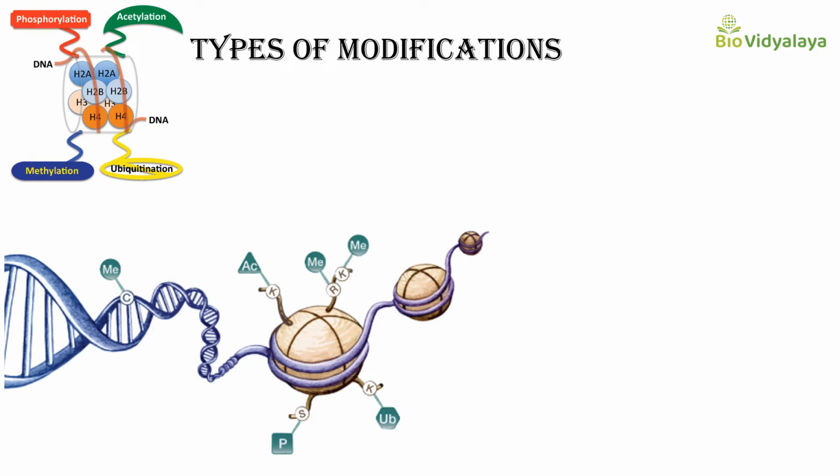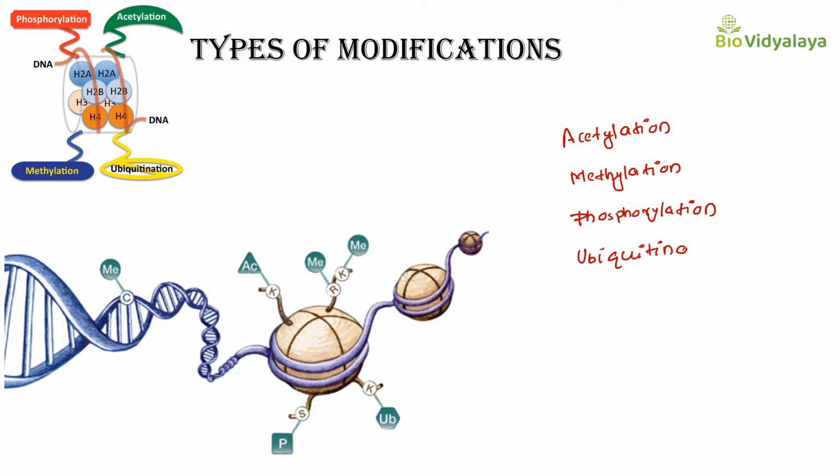And these histone modifications include acetylation, methylation, phosphorylation, ubiquitination, ADP ribosylation.